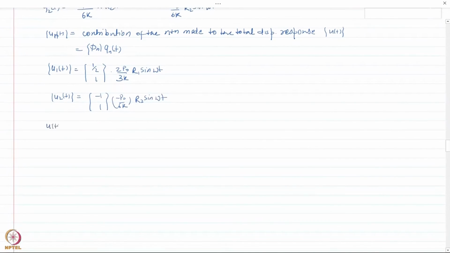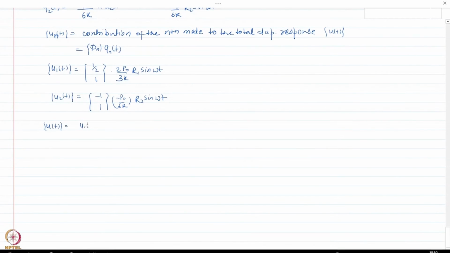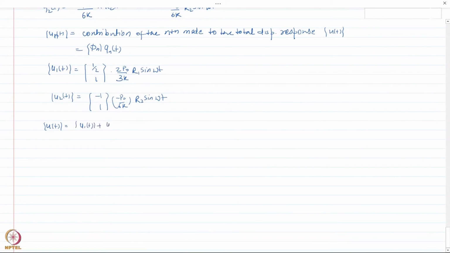The total displacement response is obtained by summing up the contribution of each mode, which gives the total displacement at each degree of freedom: P naught by 6K times 2R1 plus R2 sine omega t, and P naught by 6K times R1 minus R2 sine omega t.